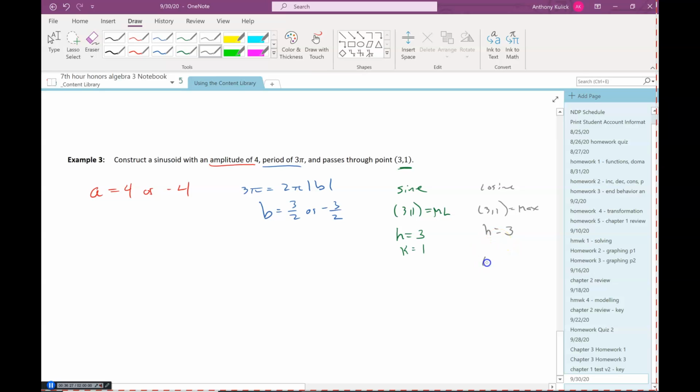So remember, we're going from (0, 1) in our parent function to the point (3, 1) in my transformed function. Well, to do that, I'm going to take a times y plus k has to give us 1. So since we're going from a maximum to a maximum, I know that a needs to be positive.